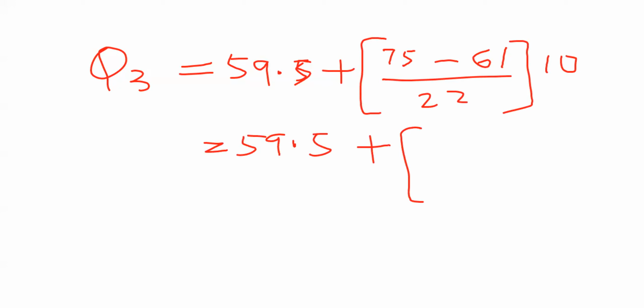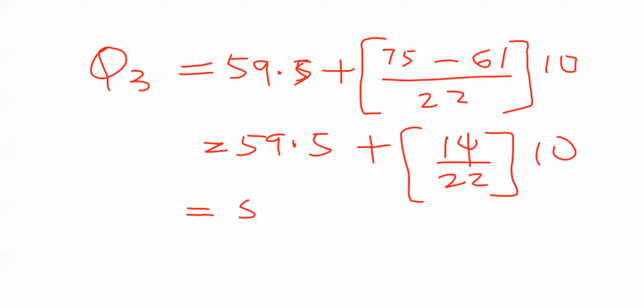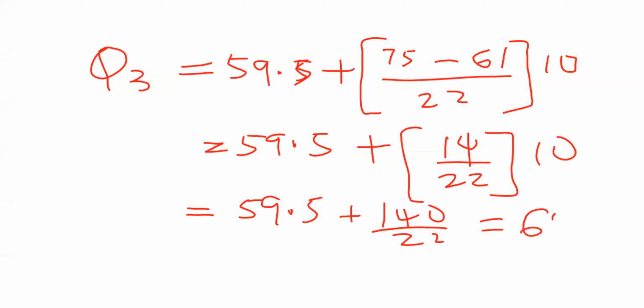75 minus 61 will give us 14 over 22 into 10. So we have 59.5 plus 140 divided by 22. Somebody must have calculated everything. 140 divided by 22 should give us a value which is 6.36, to give us 65.9.